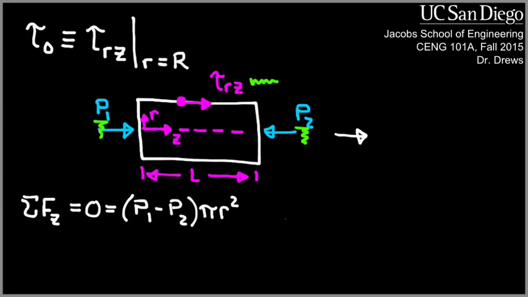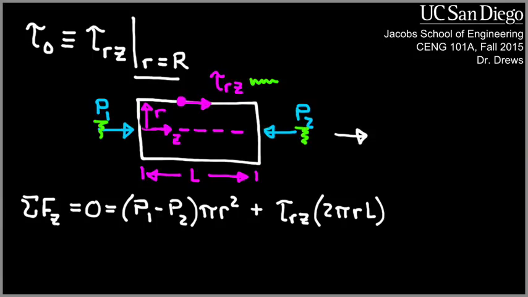I haven't defined how big this entire chunk is, so really this r would be more appropriate going all the way up to the wall. The actual wall of the cylinder might be way out here. We haven't gone all the way out to the wall. This holds regardless. So we would have that term plus that shear stress tau RZ times the area that it's acting on, which is the surface of that cylinder, 2 pi RL.